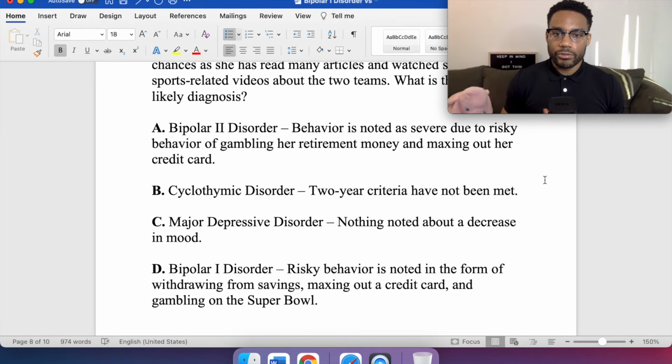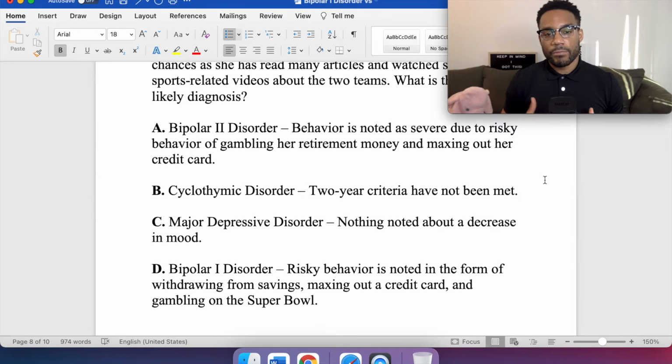Let's break down the answer choices. With A, bipolar 2 disorder, behavior is noted as severe due to risky behavior of gambling her retirement money and maxing out her credit card. Remember when we went over bipolar 2 earlier, we stated that someone experiencing bipolar 2 disorder or hypomania, they're still able to function somewhat appropriately and may even see an increase in their daily activities.